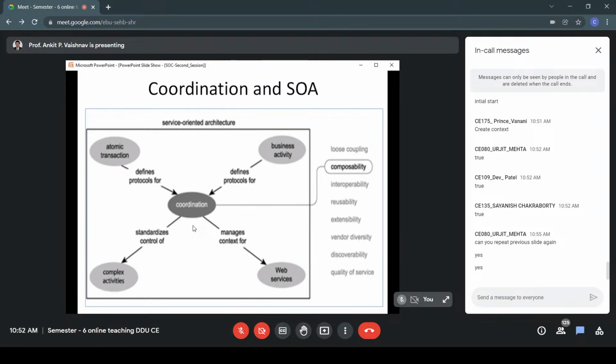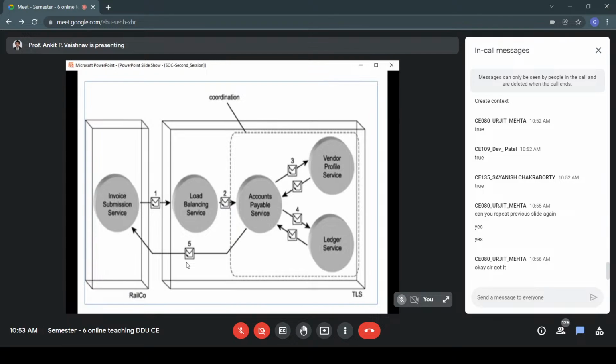Plus, if you are implementing coordination with web services, then coordination gives you a good way of managing the context, because we can write our context information in the message itself. We don't have to write that in the service. So services would be more or less stateless, and your messages will contain the context information. Is that fine? So this is the advantage and the application of coordination.